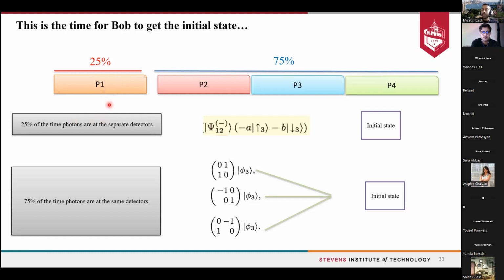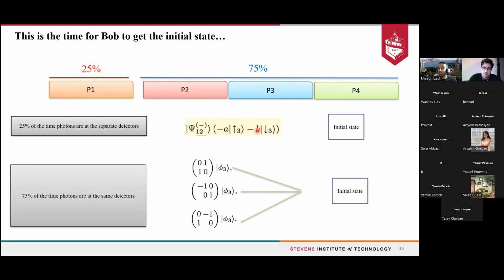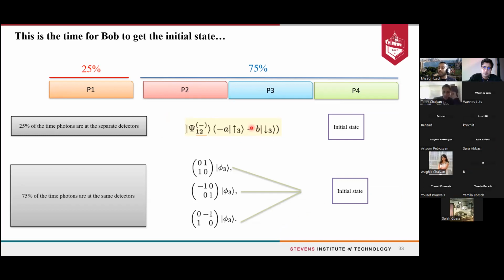Imagine P1 is the result of the measurement. This is what happens after the collapse of the wave function, or after Alice performs the Bell-state measurement. This is the wave function of the system after that. It means Alice is going to have the entangled state of photons 1 and 2, and this is what Bob gets on his side. This is exactly the initial photon we wanted to teleport, with a minus sign here, which doesn't matter in quantum mechanics; it's just a phase factor.